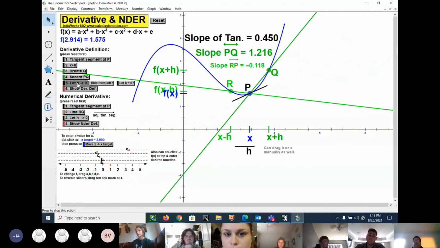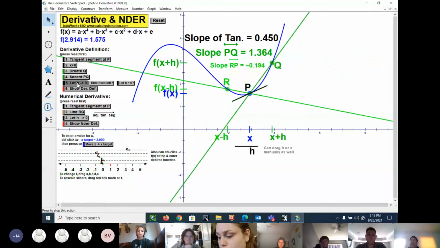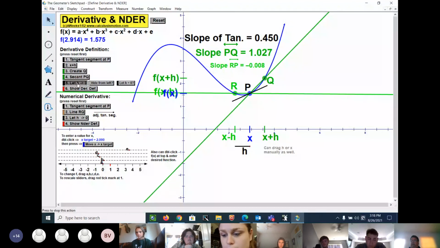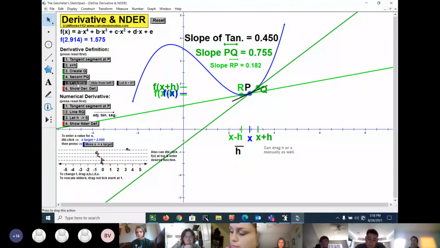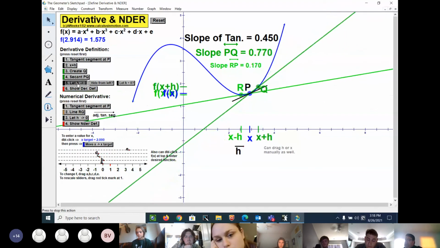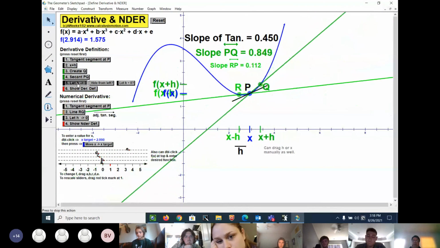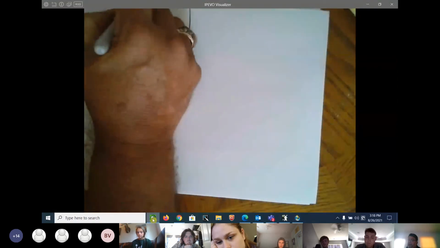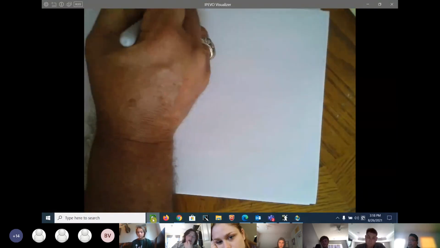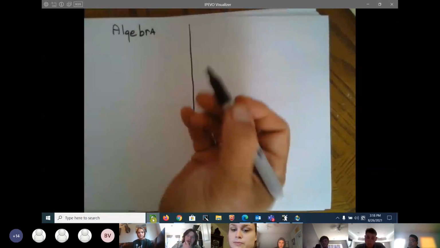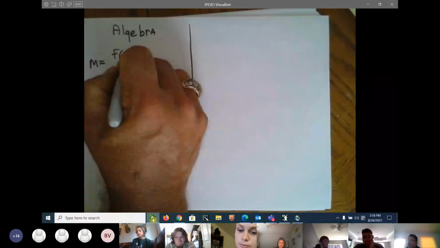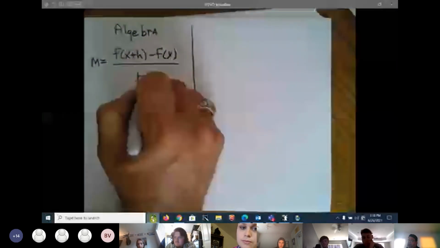So, I'm going to show you a little bit of chapter 1 right now. And we're going to work toward that because I want to show you how important this difference quotient is. We're going to take the algebra that you learned with slope and change it to f of x plus h minus f of x over h.